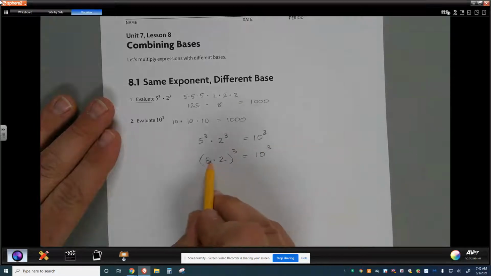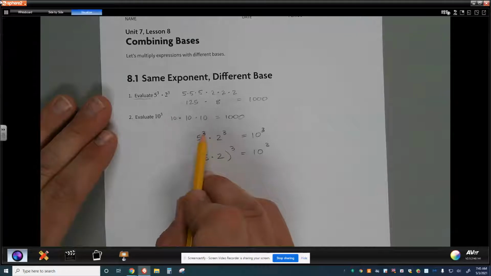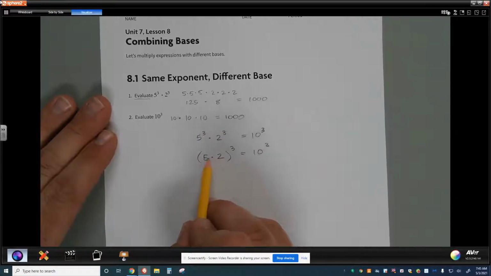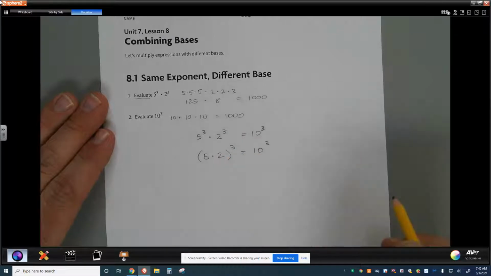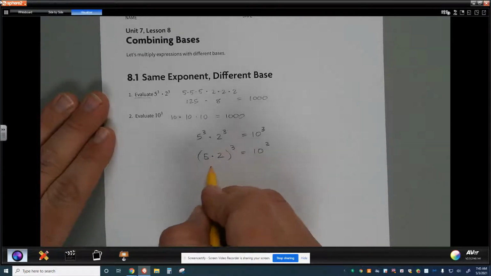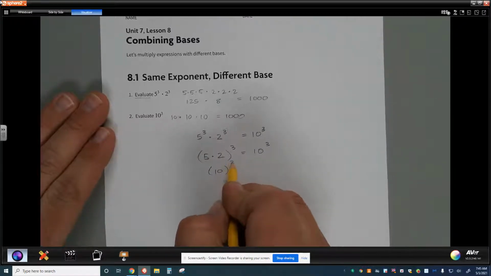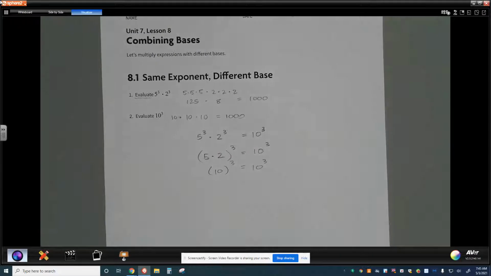And as you can see, the 10 comes from the 5 times 2. We know that since both of them are being raised to the same power, we can group them into the same grouping and suggest that the 5 and the 2 are both raised to the third power, simplifying our values of 5 and 2 being multiplied together to be 10. And then we see 10 to the third power. This would be an example, again, of what we call a power of a product.